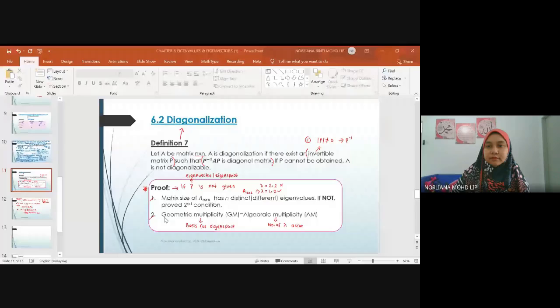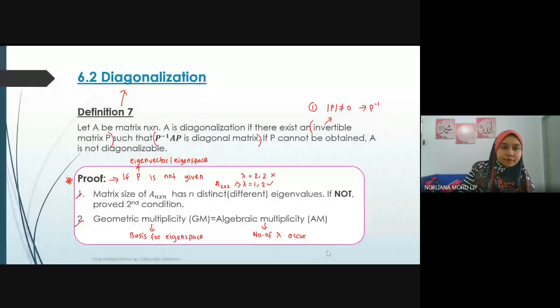Yang ni awak kena take note lah. Ni proof untuk ni. Biasa dia akan tanya yang ni lah. Saya hijaukan ni.